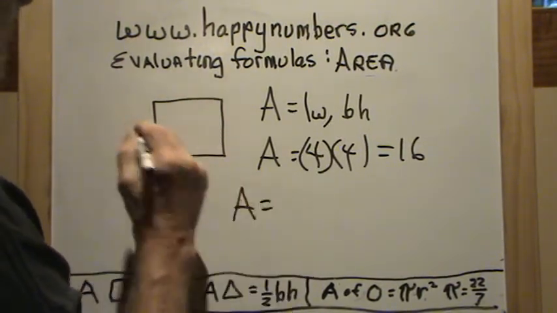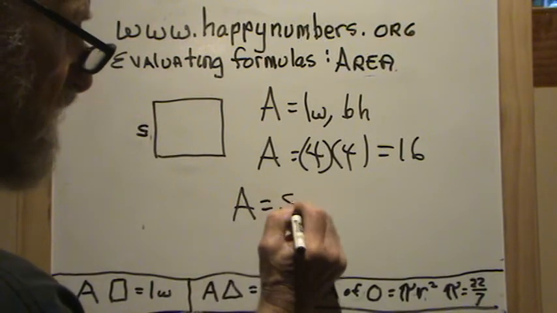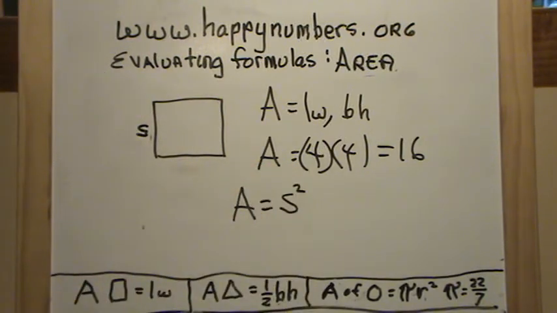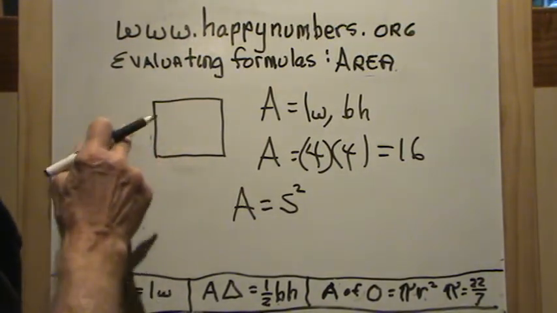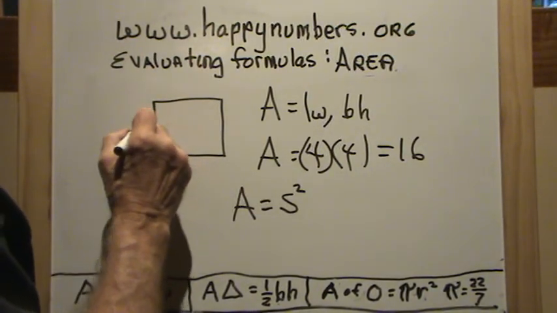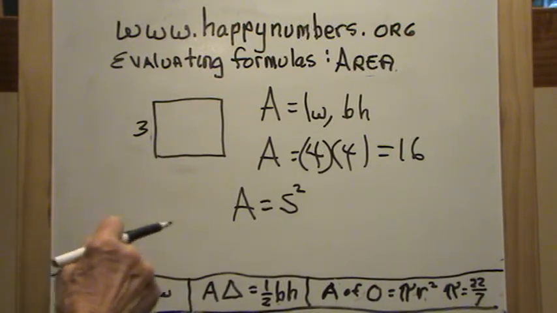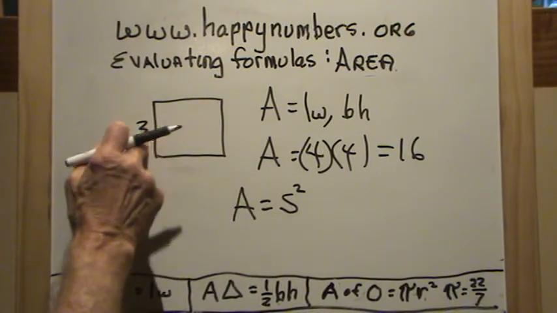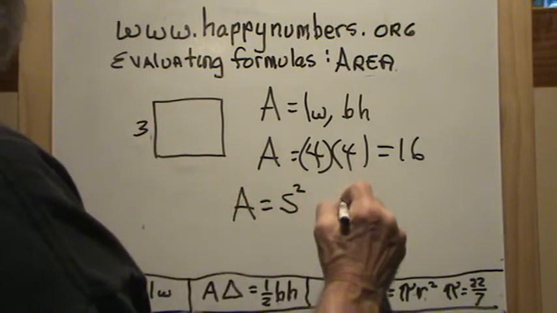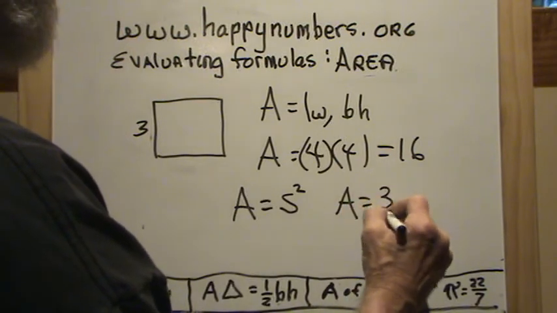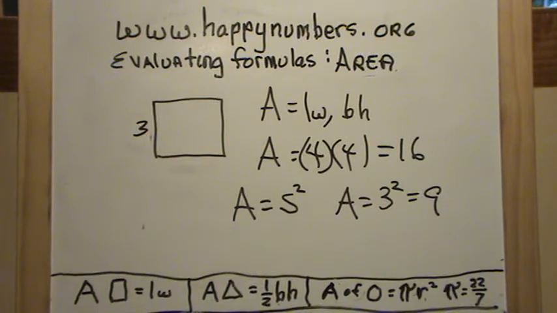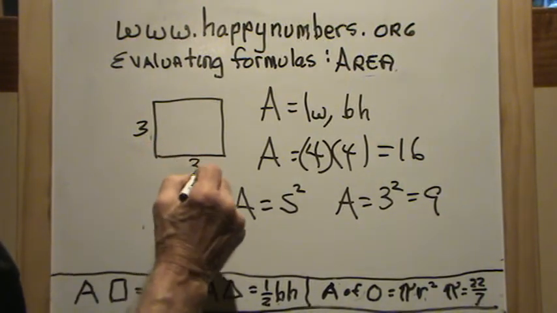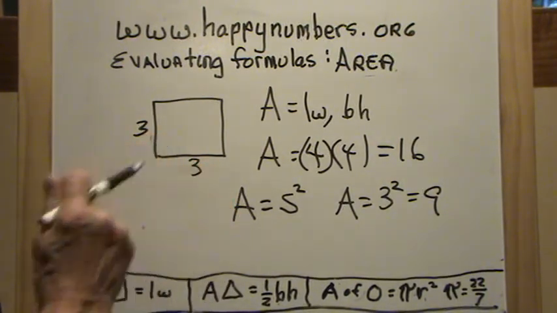So area for a square is the side squared. So if this side were 3, the area for this square would be 3 to the second power, or 3 squared, which would be 9. And it's the same as multiplying 3 times 3, which would give you the area.